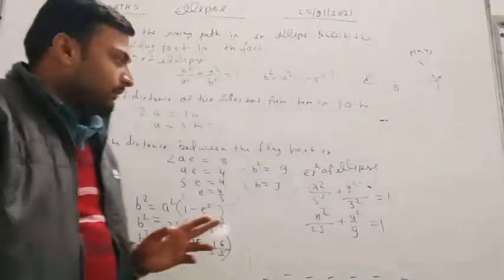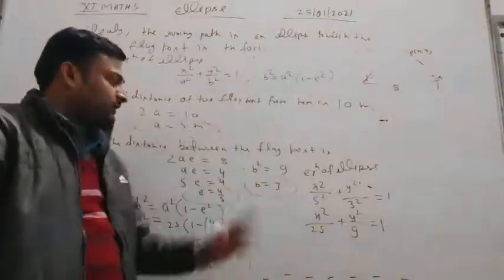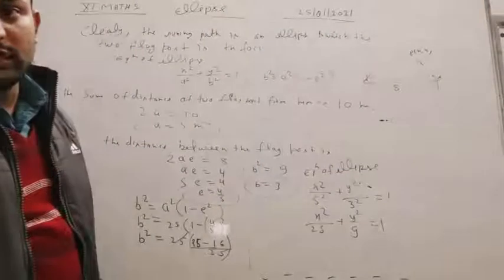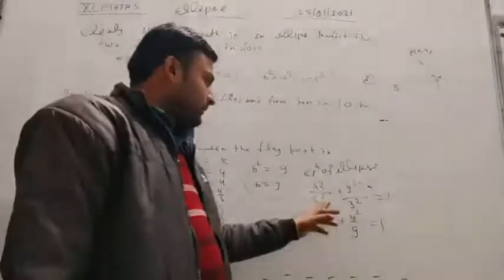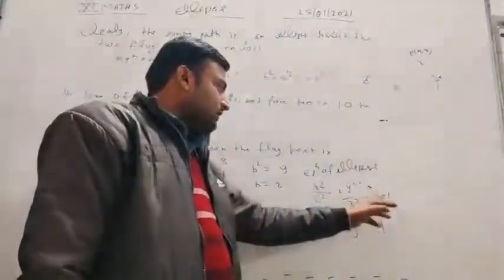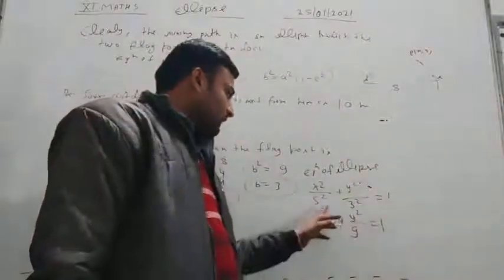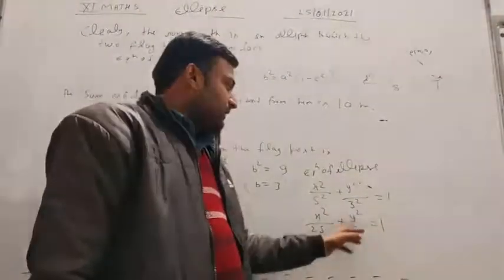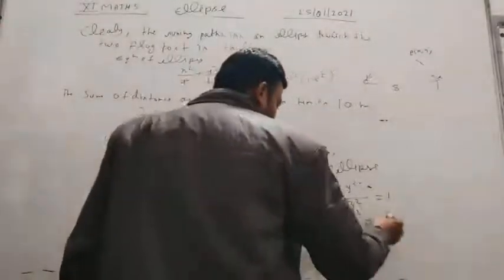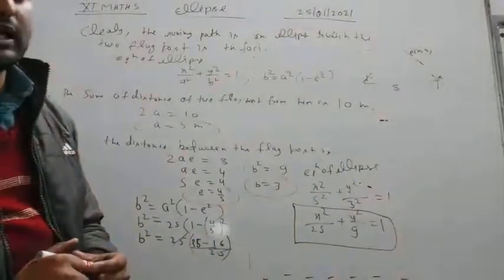So we have calculated a is 5 and b is 3. So the equation of the ellipse will be x square by 5 square plus y square by 3 square equal to 1, so x square by 25 plus y square by 9 is equal to 1. This is the required equation of the ellipse which we have to find out from the given information.